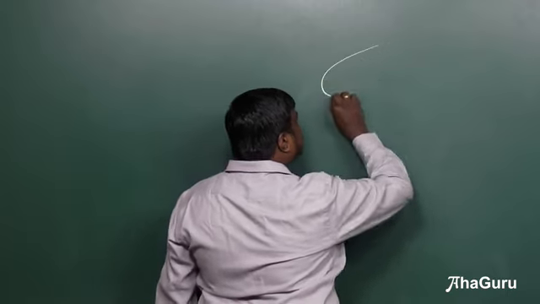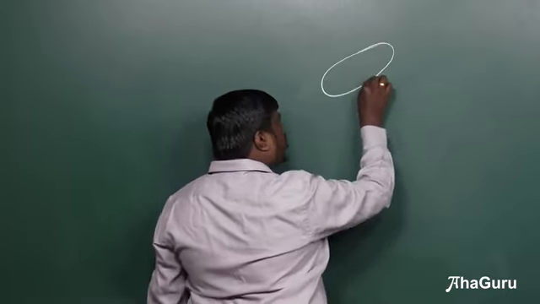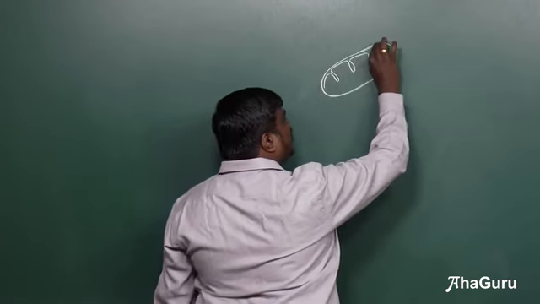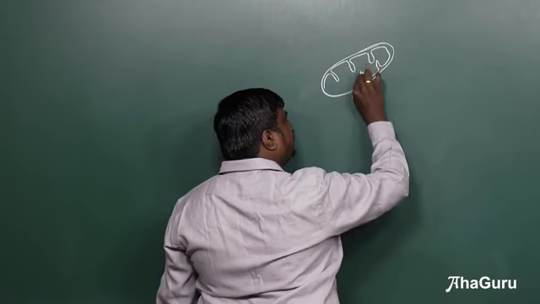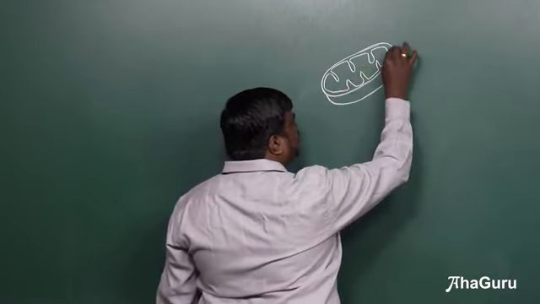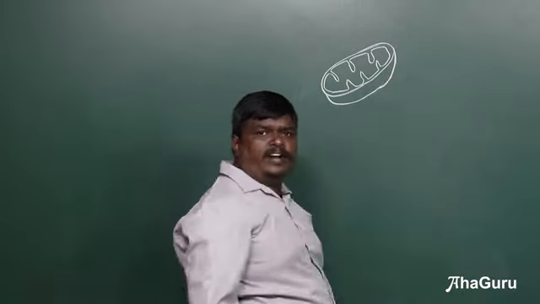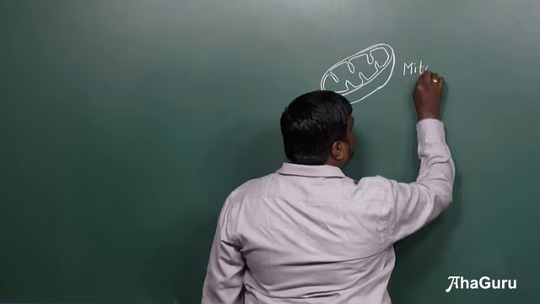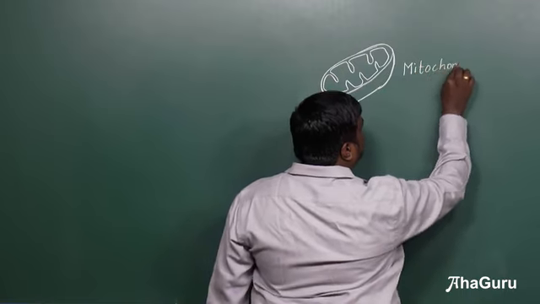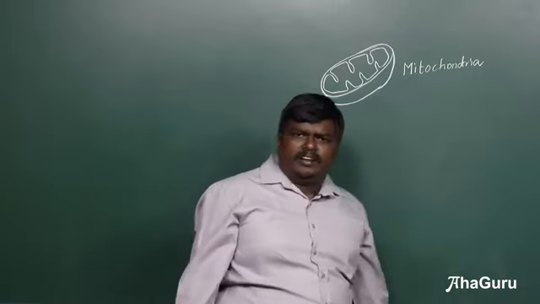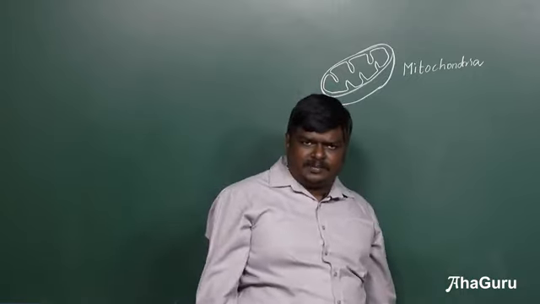There is a respiratory organelle present within the leaf, and we call it mitochondria. Mitochondria is the organelle where the respiration process takes place.